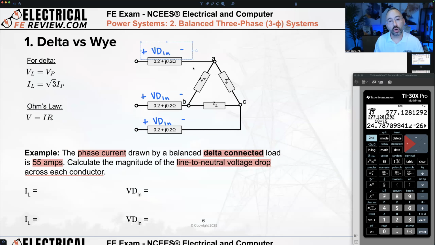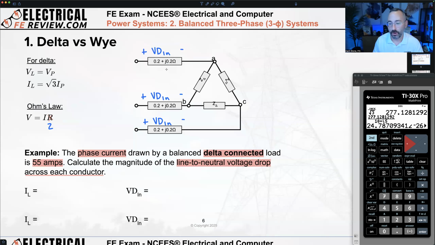Could I use Ohm's law, V equals I times, not R, I times Z, to solve for this? Here's the V I'm trying to solve for. Here's the Z across it. What's missing from Ohm's law to be able to calculate VD line to neutral?